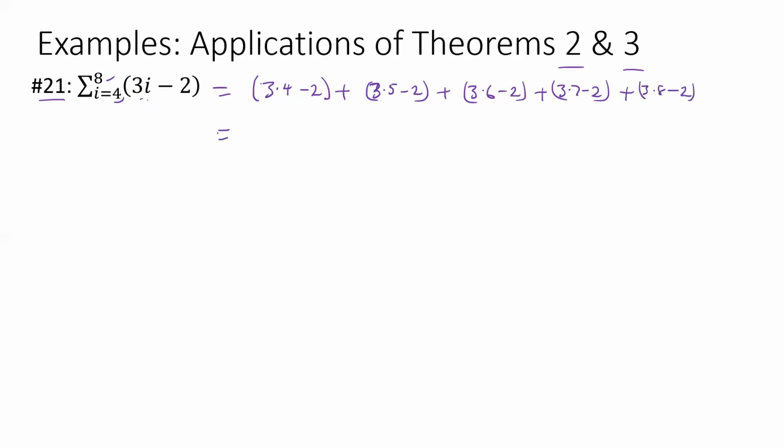Okay, so let's simplify everything there. If we do our calculations correctly, this will be 10 plus 13 plus 16, plus 19 plus 22, since 24 minus 2 is 22. Now we add everything there, and that gives me 80. All right, so this is very simple.